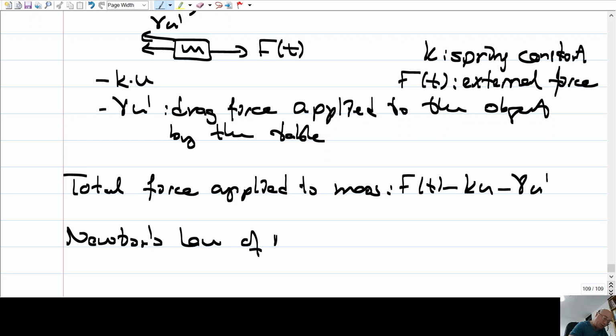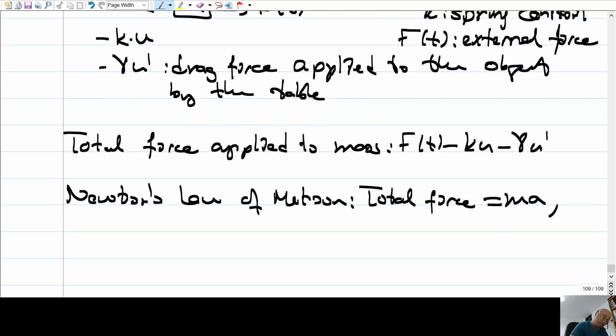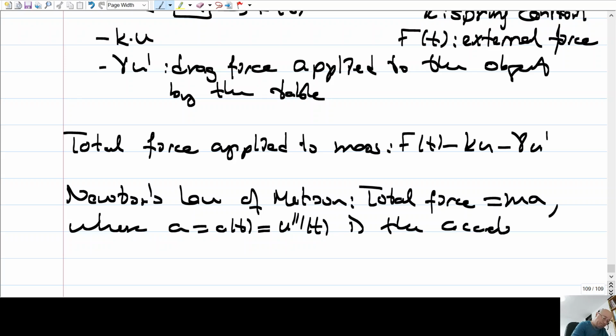And from Newton's second law of motion, we know that this total force is equal to m times the acceleration a(t). In this case, the second derivative of u is the acceleration at time t.